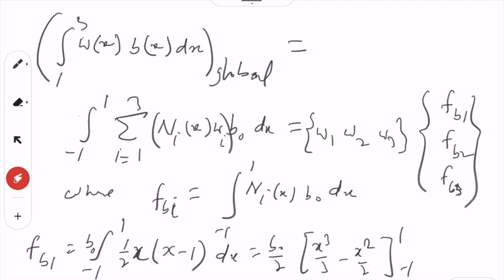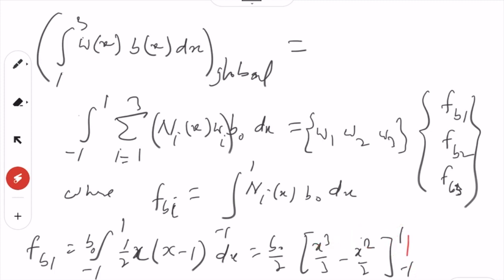What we see here is this x square term is an even function, hence the value will be 0. So only the other term will be working. So simply we get B naught over 2 times x cubed over 3, which gives B naught over 6, and then we have 2 from the limits.